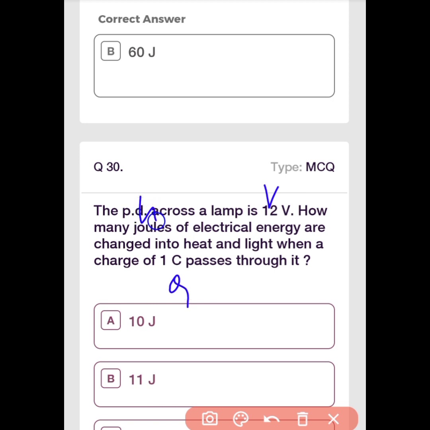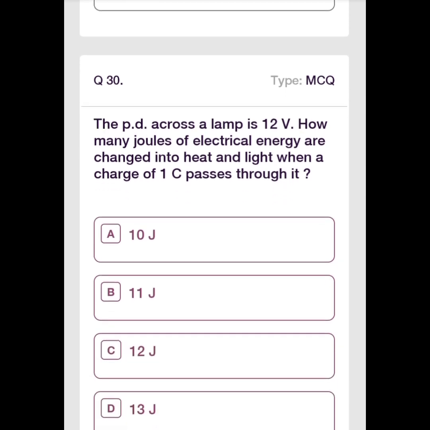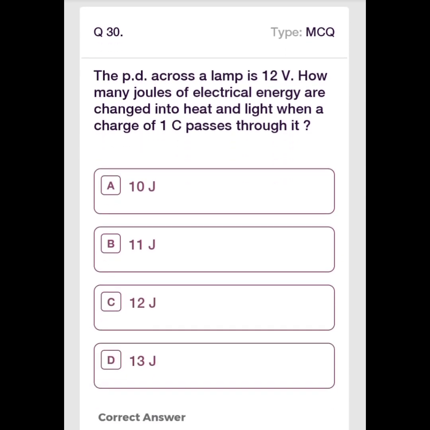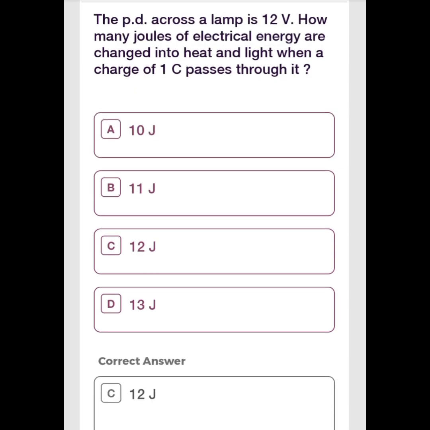We need to find W. Same way, we know W is equal to V into Q. So where V is 12, and the charge is 1 coulomb. So 12 into 1 is 12 joule. So option A, no. Option B, 11, no. Option C, 12, yes, correct. Option D, 13 joule, no. So the correct answer will be option C, 12 joule.